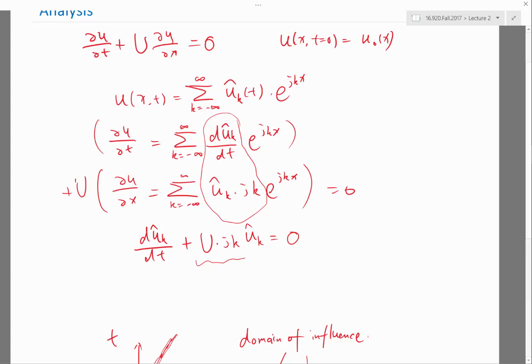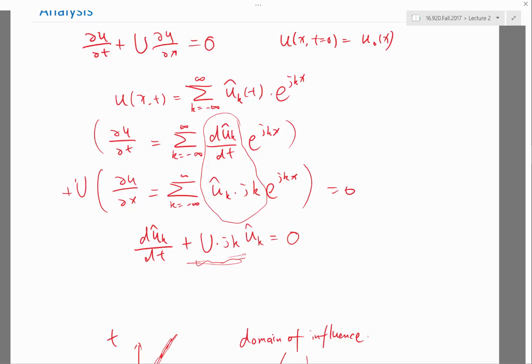For this ordinary differential equation, if this term has a positive real component, the solution grows. If it has a negative real component, the solution decays. If it is purely imaginary, the solution never decays, never grows. That is true for all the cases, except the larger the k is, the faster the oscillation is.